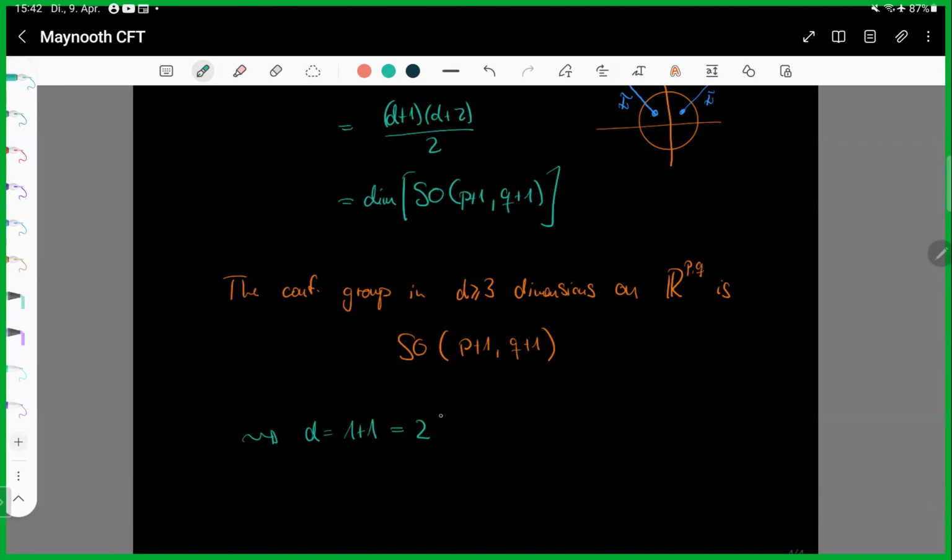Actually, I'm mostly going to restrict to the Euclidean case. But in the literature, when you talk about two-dimensional CFT, you find the global conformal group, I should say, of SO(1,3) or SO(2,2).